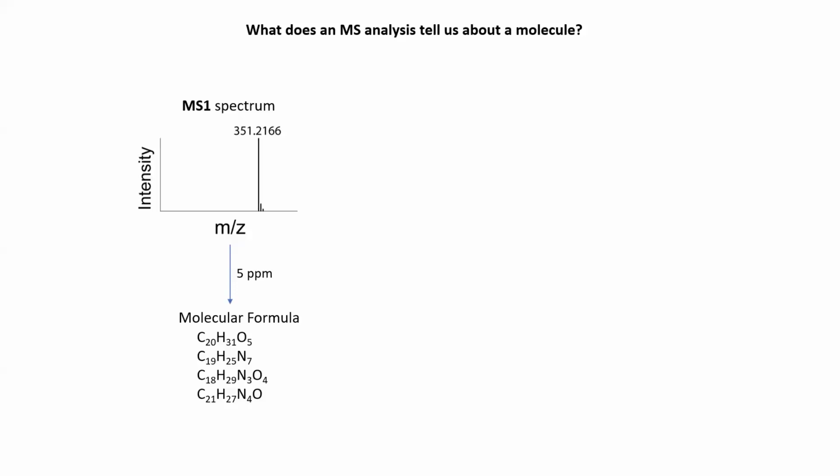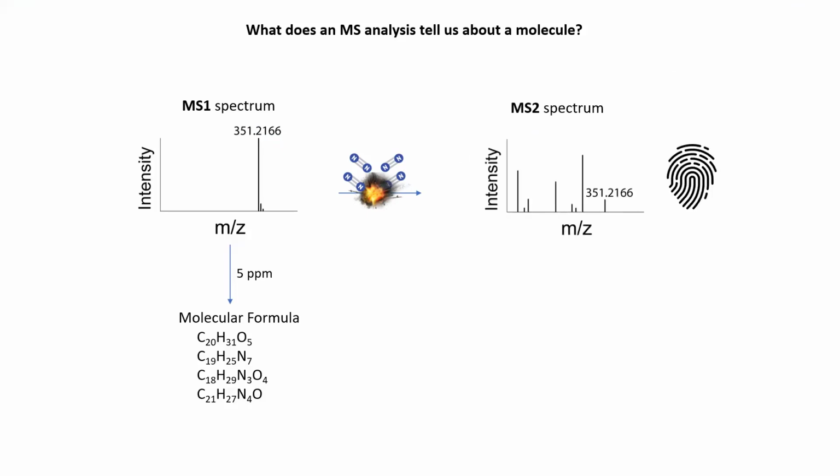That's cool. What we typically do is destroy this molecule, because we want to learn more than only the formula, which doesn't tell us the three-dimensional disposition of the atoms or how these atoms are bound with each other. So we destroy the molecule and obtain an MS2 spectrum, which is like a fingerprint of that molecule.